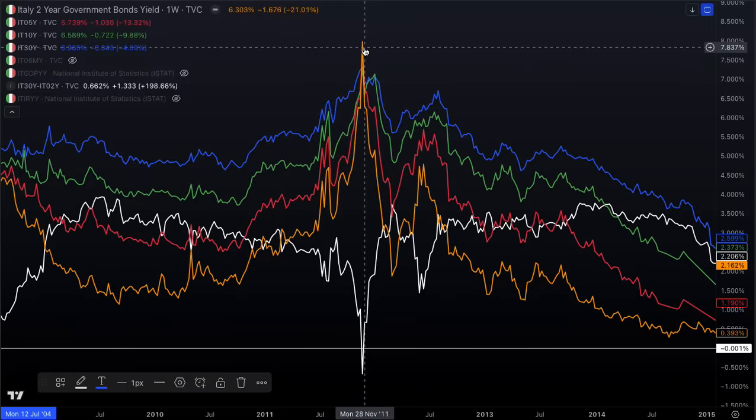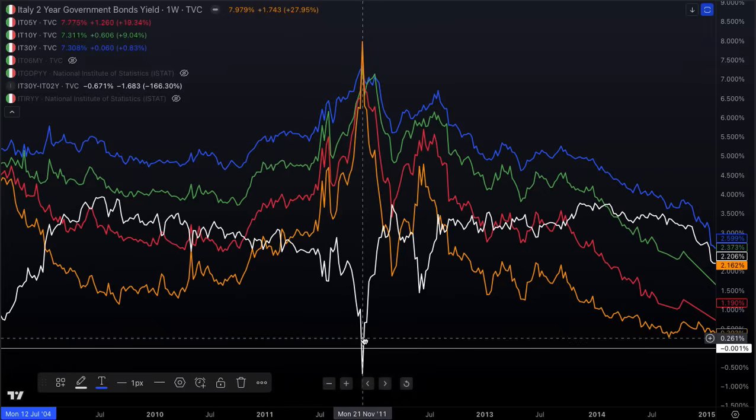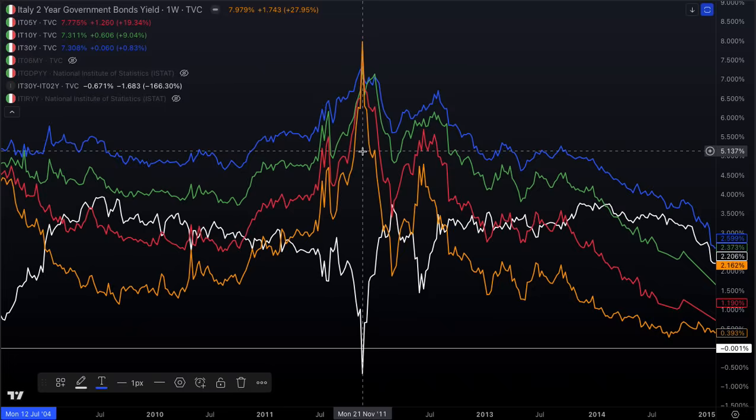Actually the spread went negative. And this is because, if you are buying a 30-year bond in Italy, you are thinking ahead to, well, yeah, things might be bad now, but they'll get their stuff together. They will figure it out. We will elect the right people and we will get them in power and everything will be okay. No big deal.